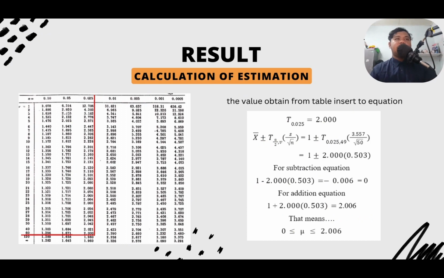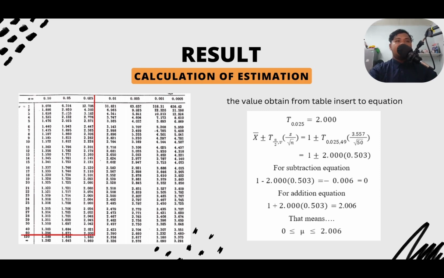In this table, we do not have a specific number for 49, so we're going to use the next biggest number, which is 60, on the v, and the alpha is 0.025. If we follow the red line, we're gonna get the cross section of the two lines, which is 2.000.